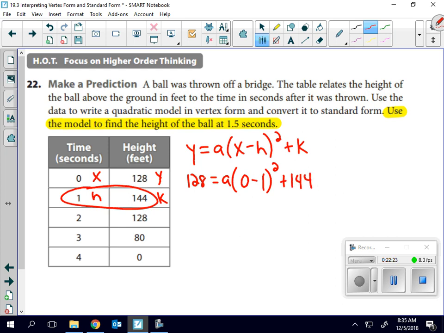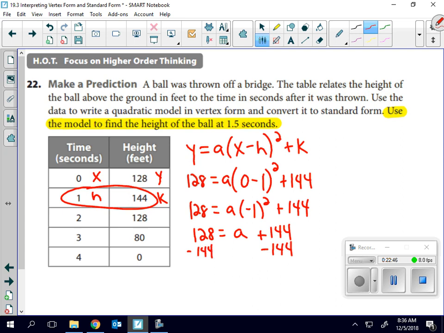Plugged in everything at once. So we have 128 equals a times negative 1 squared plus 144. And of course, negative 1 squared is 1, so this is just 128 equals 1a plus 144. Subtract your 144. We get our negative 16 again.